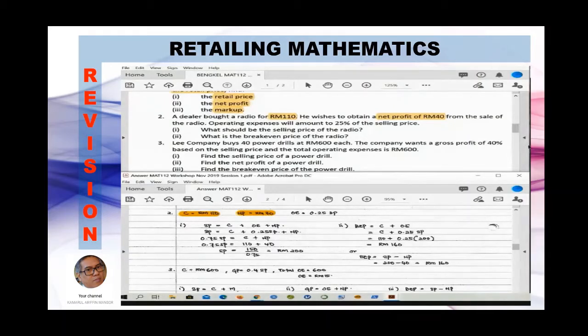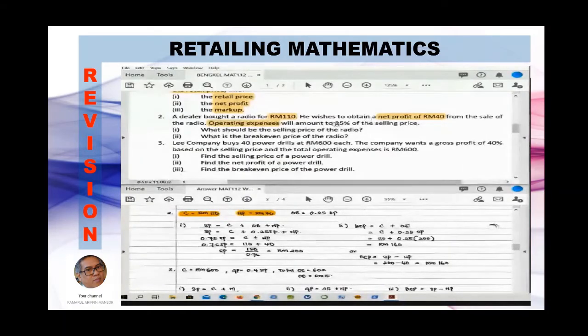Okay, and then last kali dia bagi juga nilai operating expenses. So operating expenses dia adalah 25% of the selling price. Okay, 25% of the selling price.